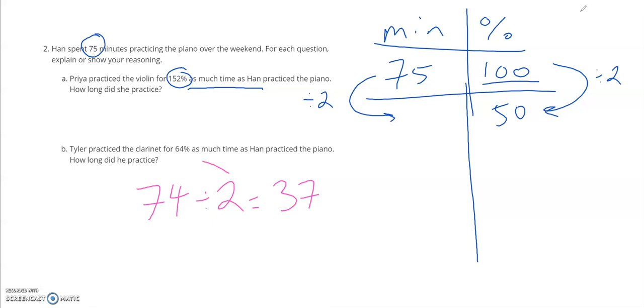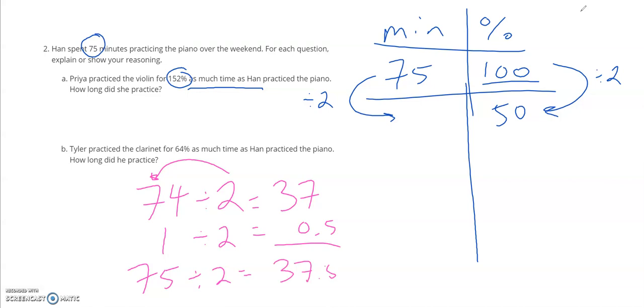I know that because 2 goes into 70 35 times, and 2 goes into 4 2 times. That's 35 plus 2, which is 37. Now I have 1 more to make it 75. So I have 1 divided by 2, and that's 1/2. So I know that 75 divided by 2 is 37 and a half.